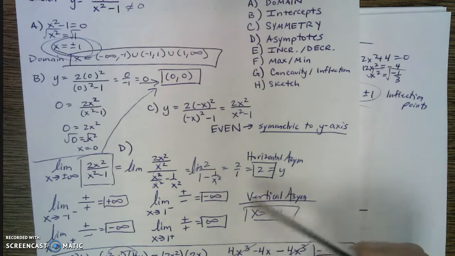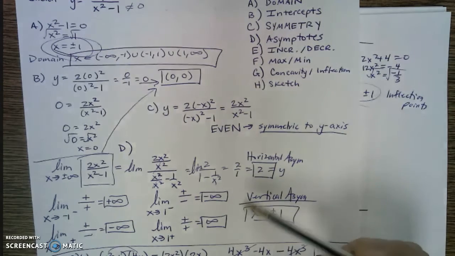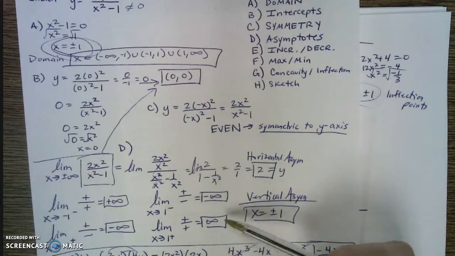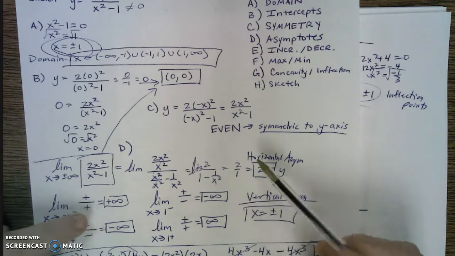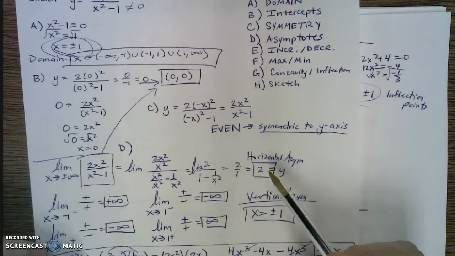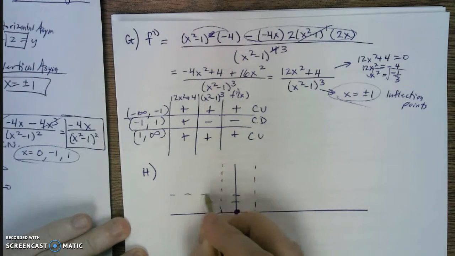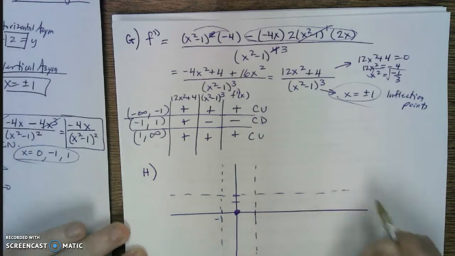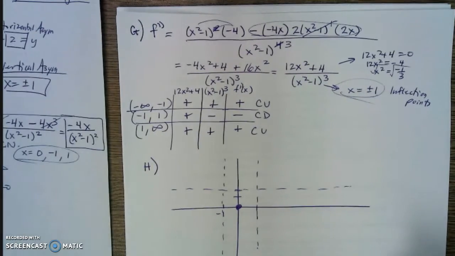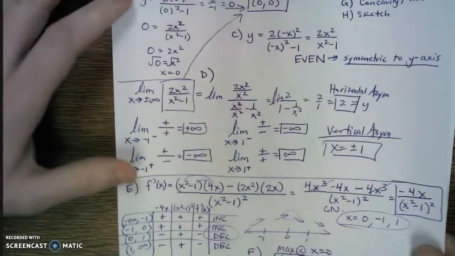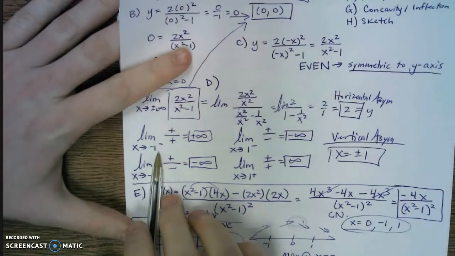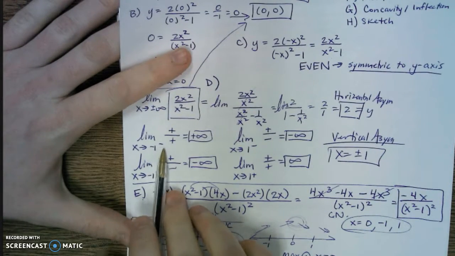Then part D, we're looking at the asymptotes we've drawn and making arrows to infinities. We also have this horizontal asymptote at 2, so let's go ahead and mark that. Horizontal asymptote at 2. And so what we see is from -1, the left side of -1, it goes up.